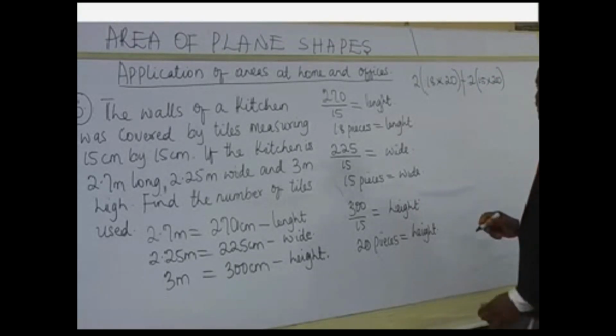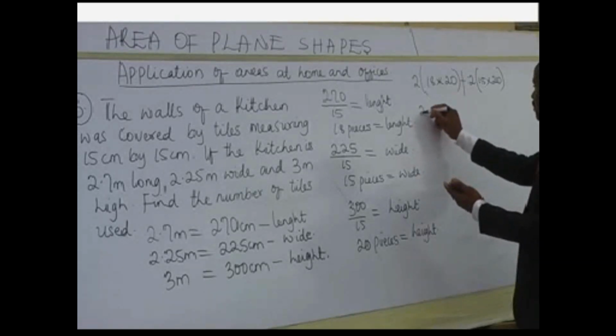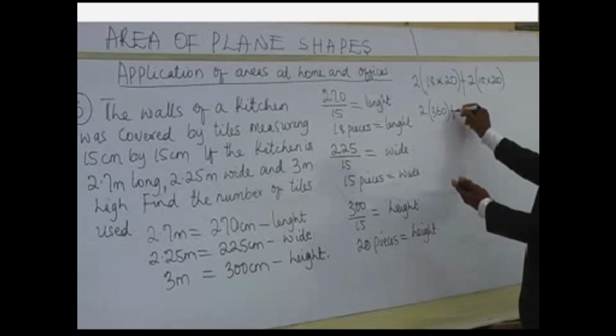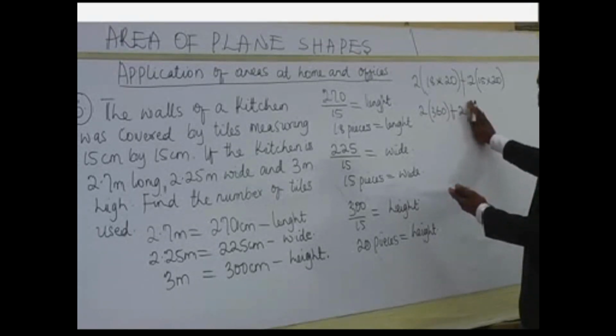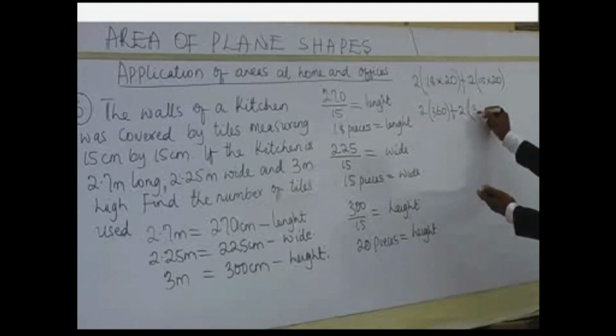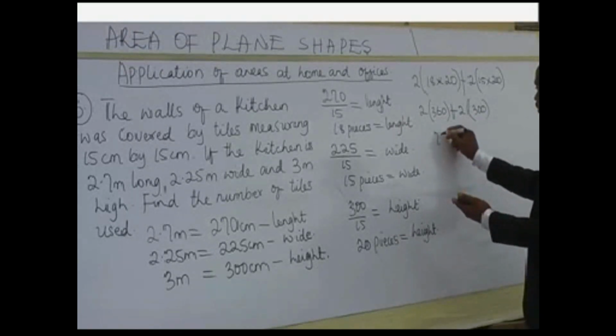Now remove the brackets. 18 times 20, so we have 2 times 360 plus 2 times, let's multiply 15 and 20, 300. 360 times 2 is giving me 720.